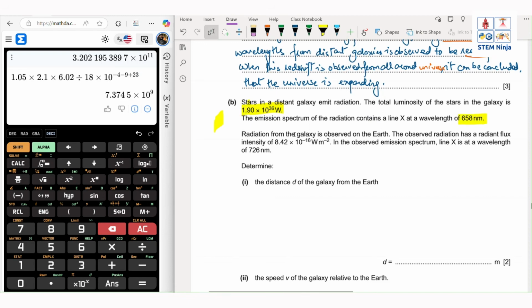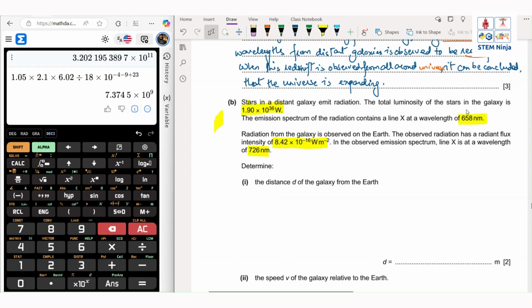The radiation from the galaxy is observed on Earth. The observed radiation has a given flux intensity. In the observed emission spectrum, the line X is at a wavelength of 726 nanometers. Determine the distance d of the galaxy from the Earth.